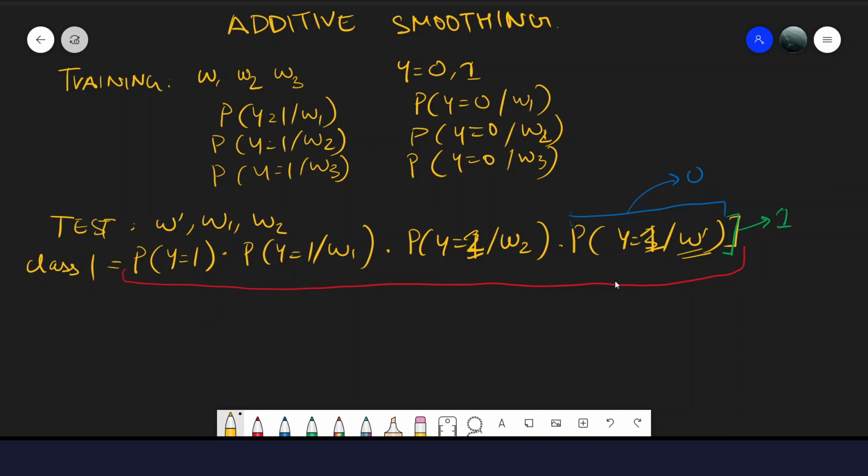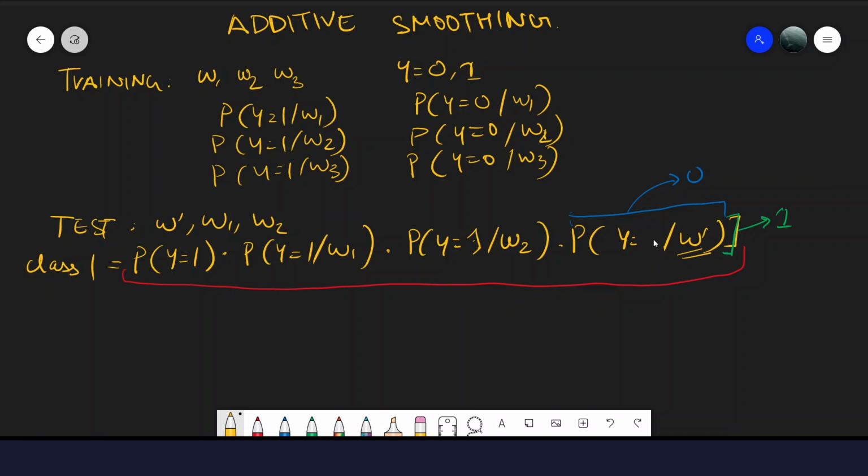Now, again, that's incorrect, right? Because w dash can be something very esoteric, or a very less known word, in which case it should be given appropriate importance, right? So, to overcome this, we use something called additive smoothing.